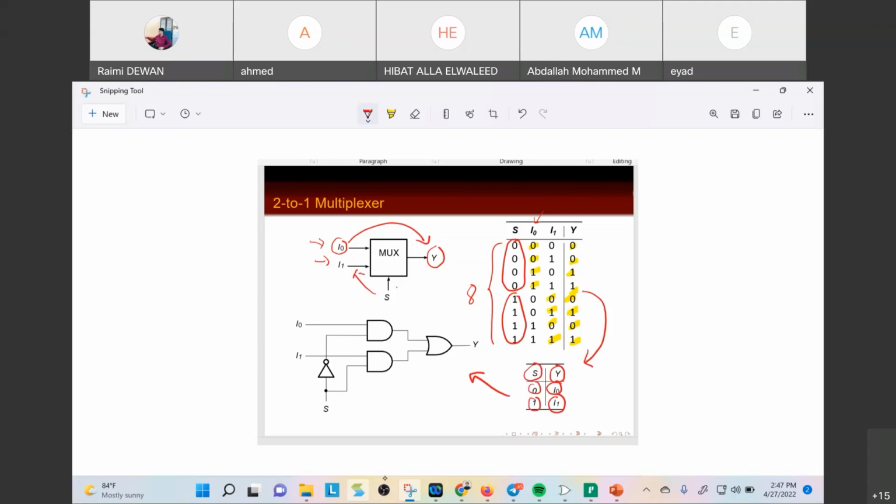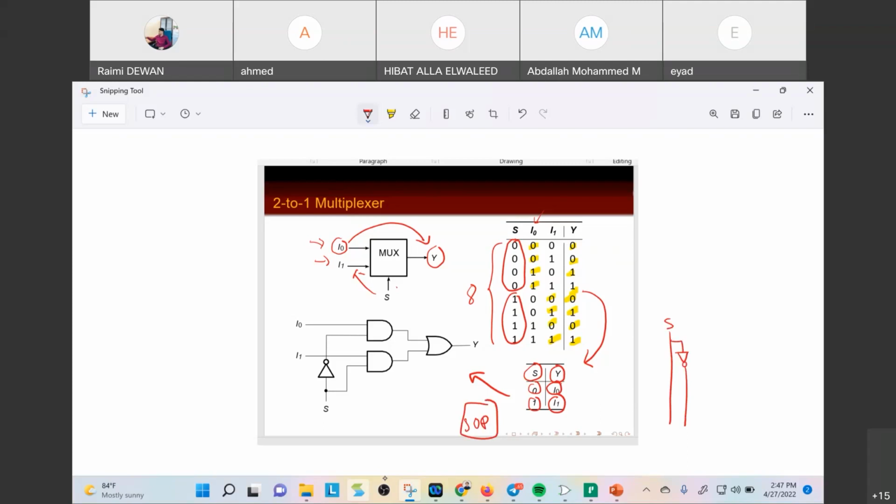So for example, let's say you have your S, the data selector. Then you have a NOT gate. And let's say you want to do SOP, sum of products.